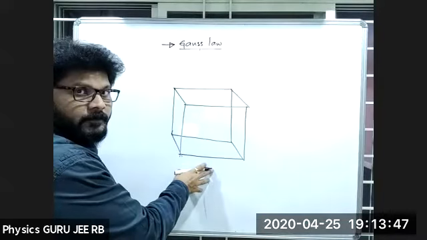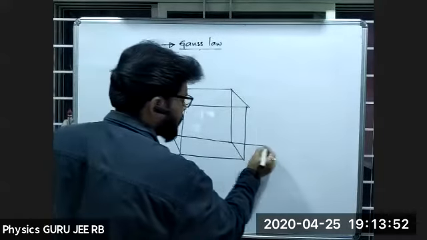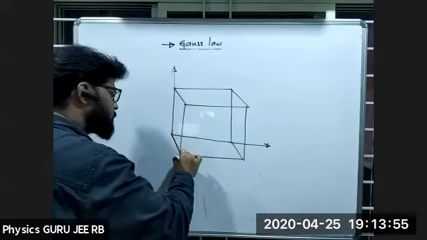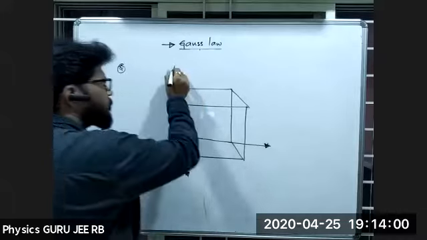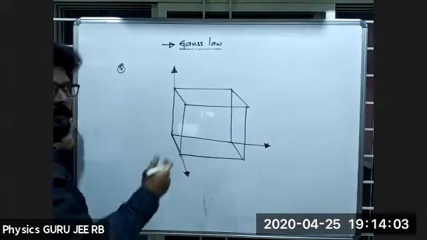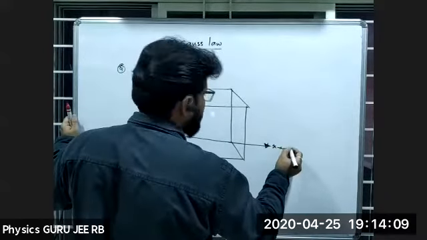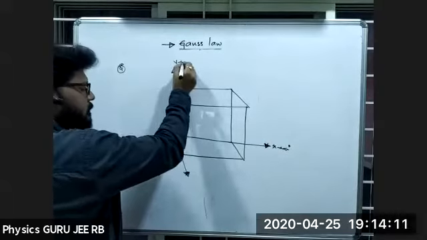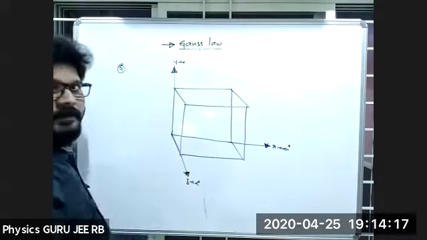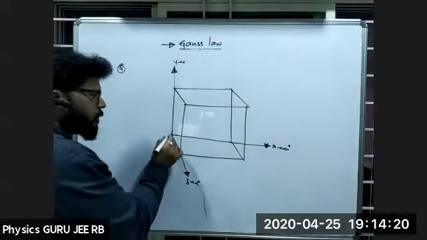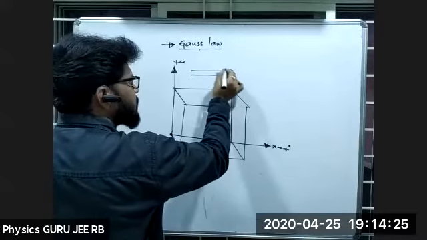Is it clear? X, Y, Z axis. If I take, this is the X axis, this is the Y axis, this is the Z axis. Is it clear?